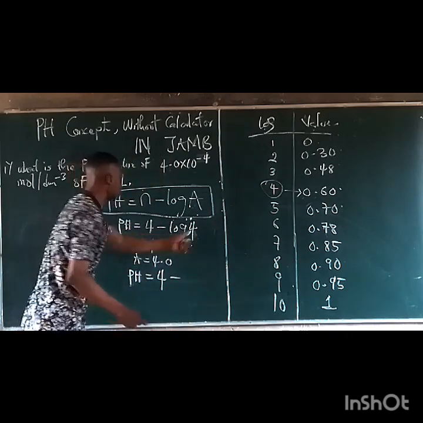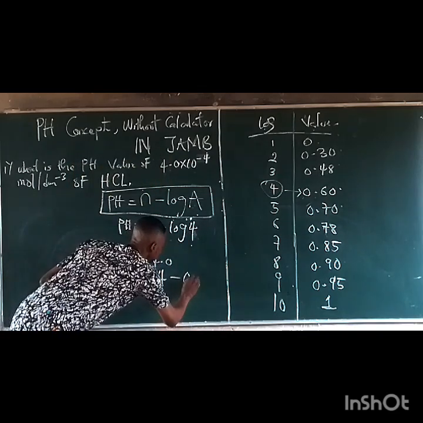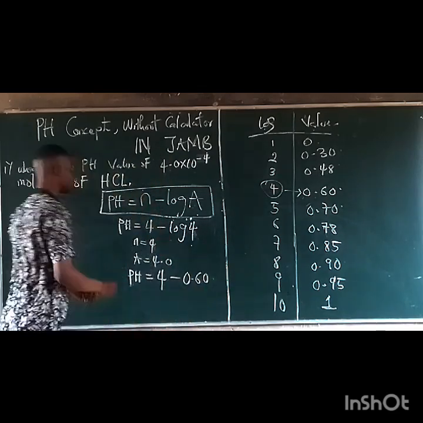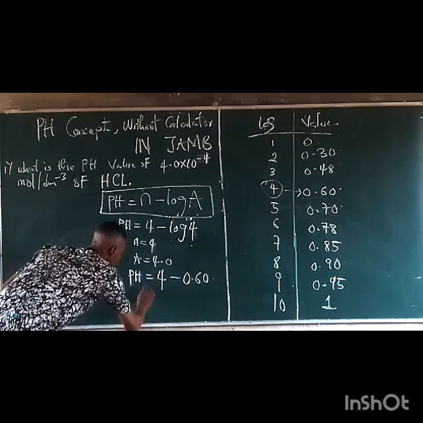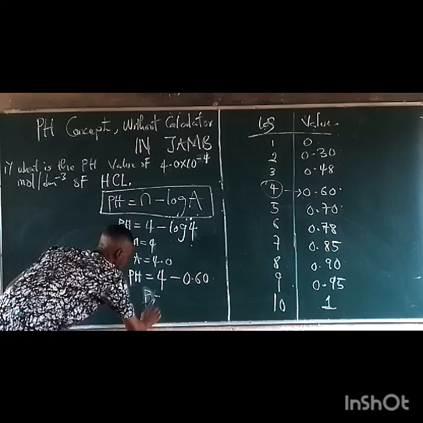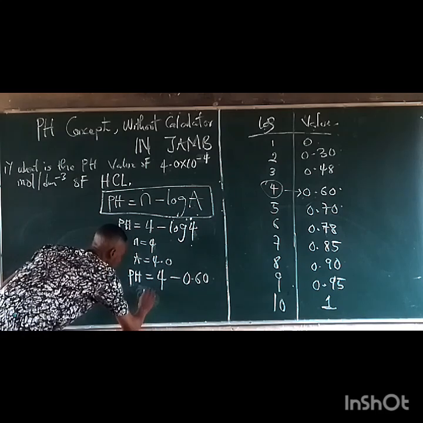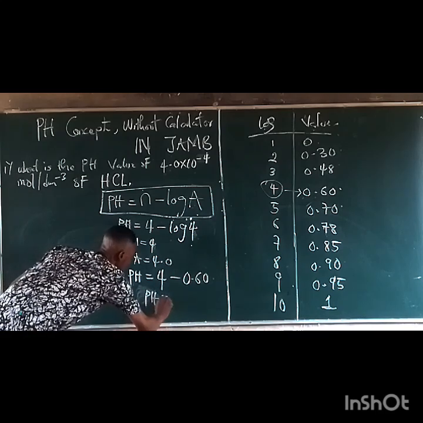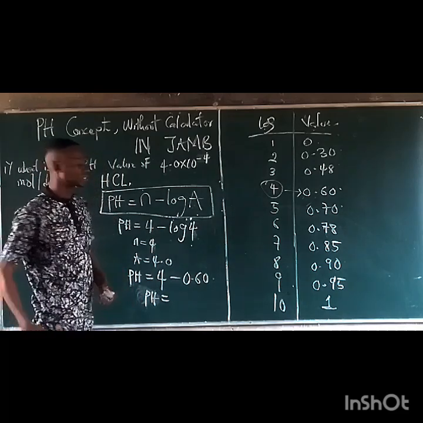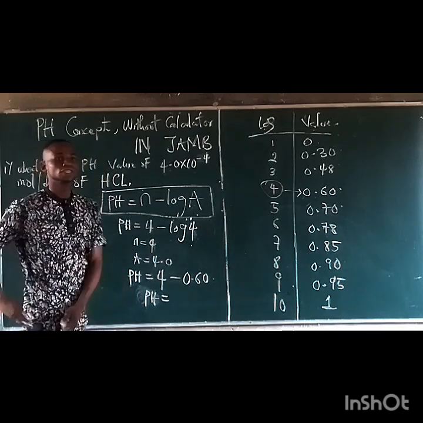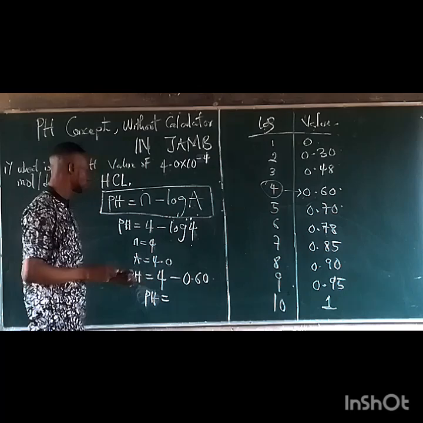So our pH value will be equal to 4 minus 0.60.